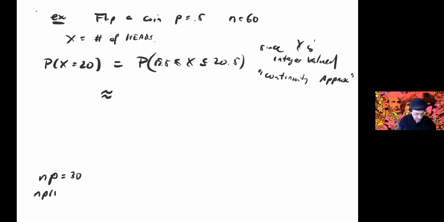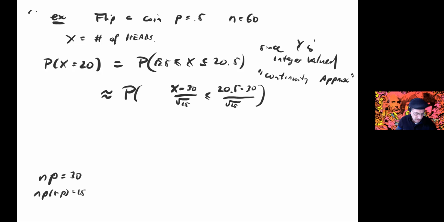Therefore, when we renormalize, we get (X minus 30) over the square root of 15 lands between (19.5 minus 30) over the square root of 15 and (20.5 minus 30) over the square root of 15. This is actually equal, not approximately equal. I haven't gone to the normal distribution yet.